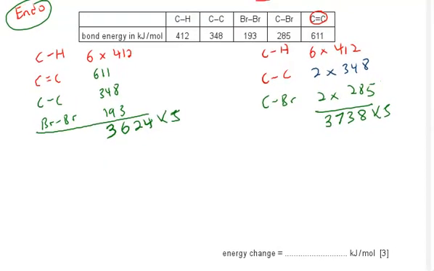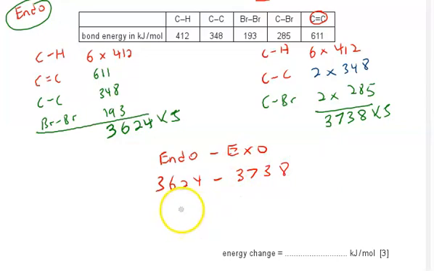So your formula here will be endo minus exo. Your endo here will be 3624 minus exo 3738. When we subtract them, we will get about negative 114 kilojoules.